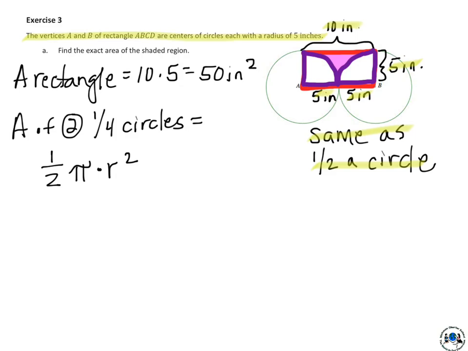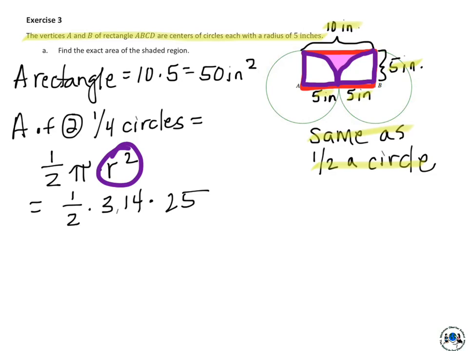All I have now to do is to plug in that value. I'm going to use 3.14. You could use 22 over 7 if you want. That's fine. I'm using 3.14 and times 25. Of course, 25 is my r squared.